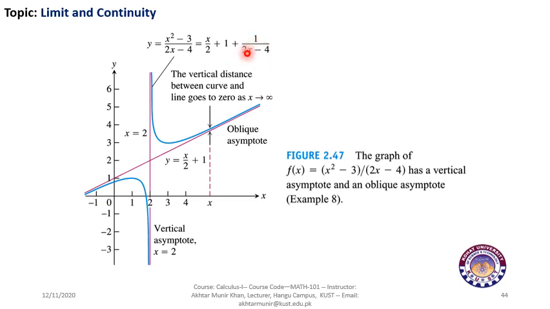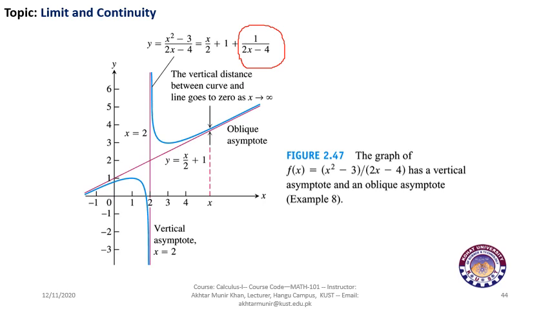Now put x tends to infinity in this expression, and we will get x by 2 plus 1. That is, if we take the limit as x tends to infinity of this term, it will vanish and we will be left with only this expression, which is the expression for a line that touches this graph at infinity.